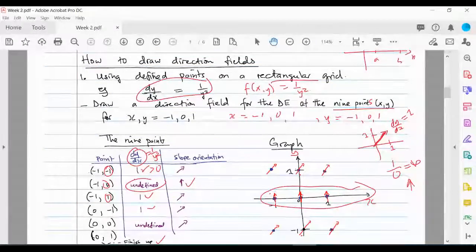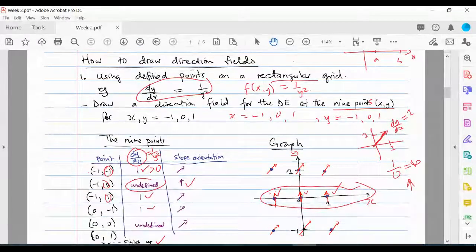At the 3 points that are on the x-axis, y is 0, so we basically have vertical orientation. But on all others, the derivatives are just equal to 1, and we have that bottom left, top right, bottom left, top right, bottom left, top right orientation.